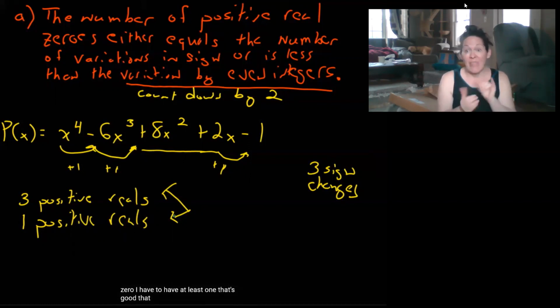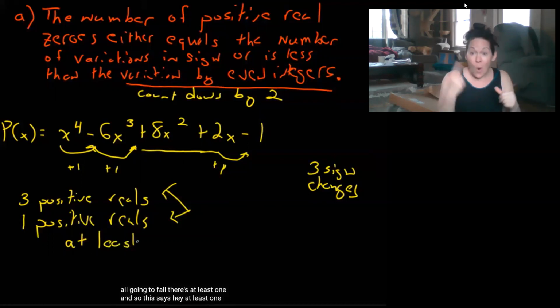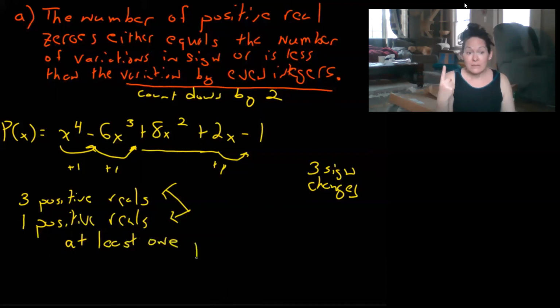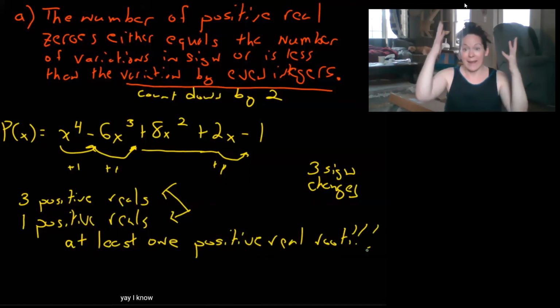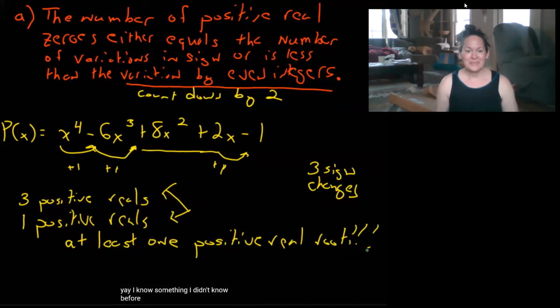That's good. That means when I'm going through that list of rational P's and Q's, I know I can test the positives and they're not all going to fail. There's at least 1. Yay! I know something I didn't know before. It's always good to have a kernel of information.